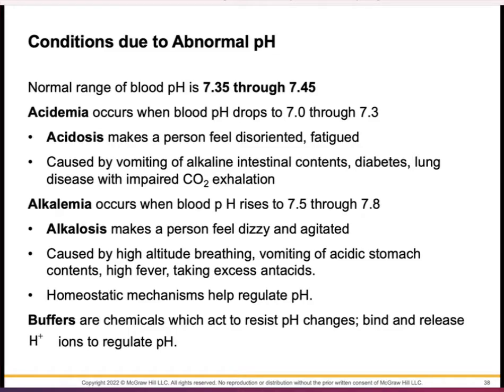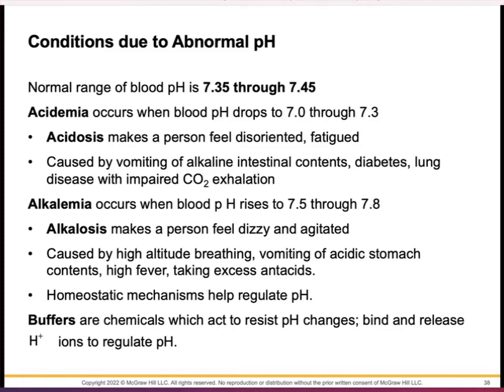Acidosis makes a person feel disoriented and fatigued. It's caused by vomiting of alkaline intestinal contents. Diabetes can cause it, as can lung disease, when you have impaired carbon dioxide exhalation. So that's one of the disorders. Alkalemia occurs when your pH rises above the normal level, so in a range of 7.5 to 7.8.